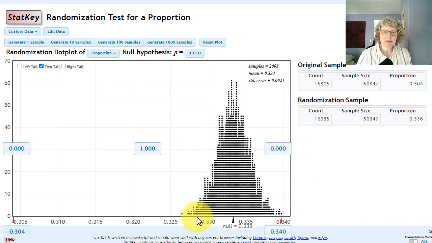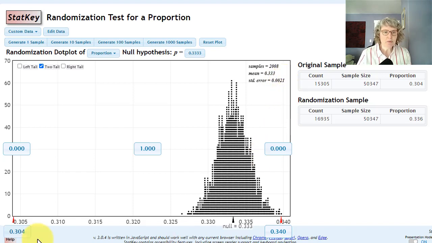Okay. And now something kind of funny happened, didn't it? You may have noticed before that this distribution is really narrow. It goes from like 0.326 to 0.34. It's very narrow, because we learned that when we have larger sample sizes, the sample to sample variation is very small, right? So our standard error is 0.0021, so very tiny.